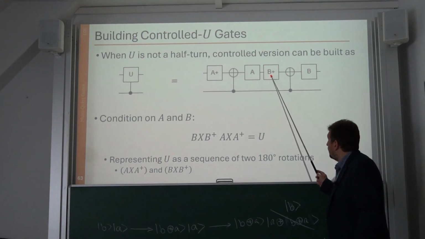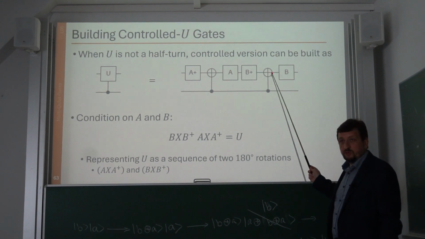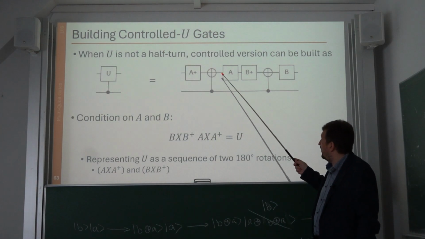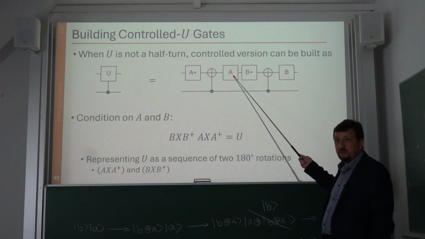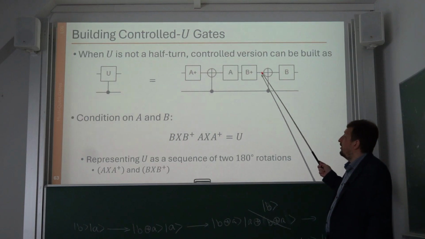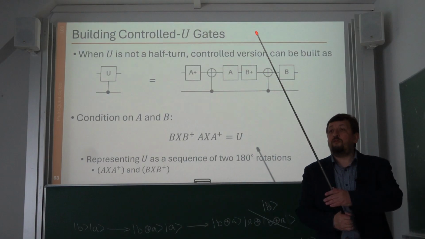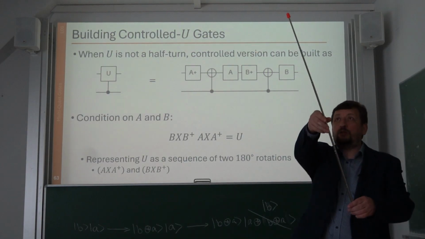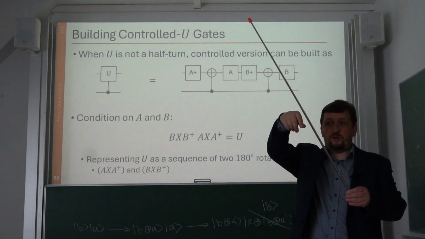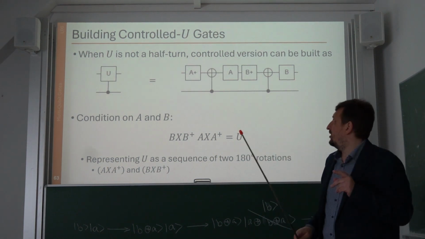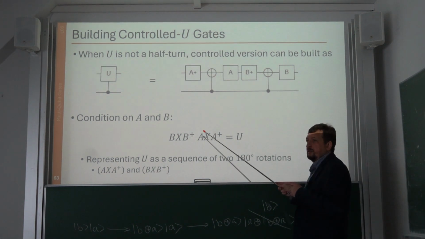So what this formula means, here I have two sandwiches. One sandwich is rotation by 180 degrees defined by axis A, another is defined by axis B. Whatever rotation we have, we can always decompose it as rotation about some axis by 180 degrees and then about another axis. It's not that easy to find this rotation axis in this case.